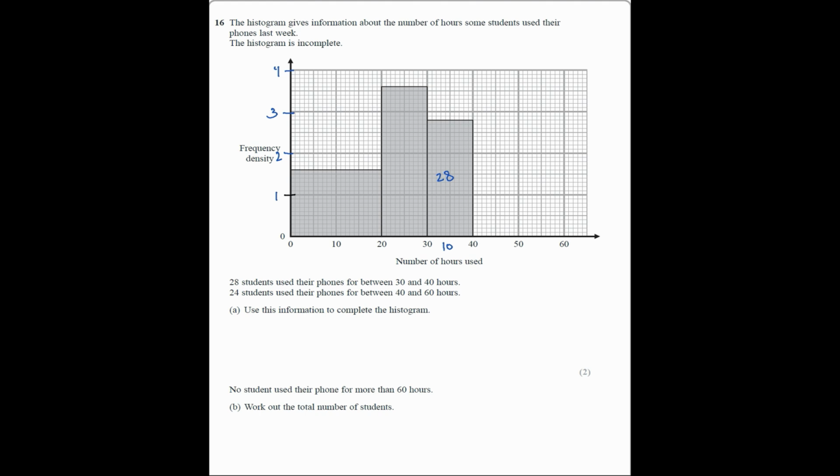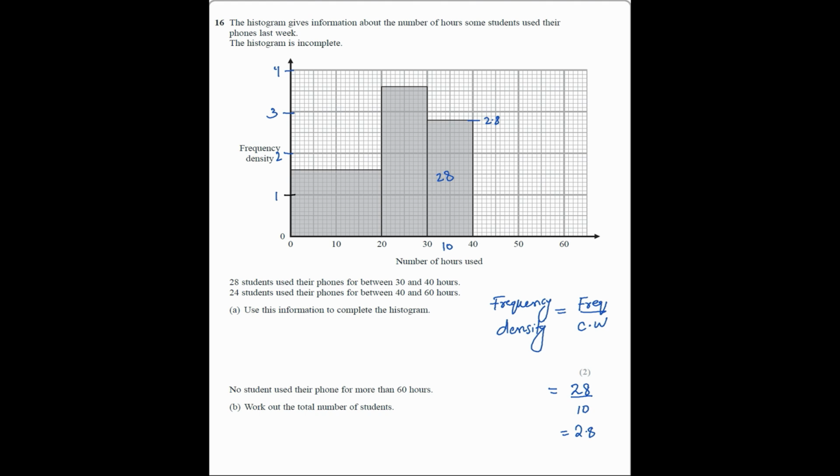Now to calculate the frequency density, we will use frequency divided by class width. So frequency is 28 and class width is 10. That will give you 2.8 there. So let's use this information to complete the histogram.